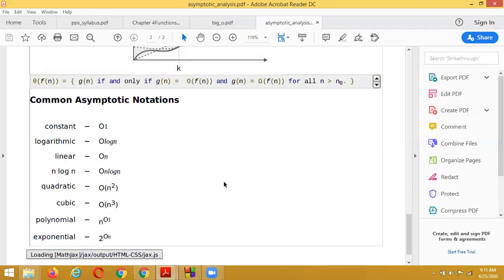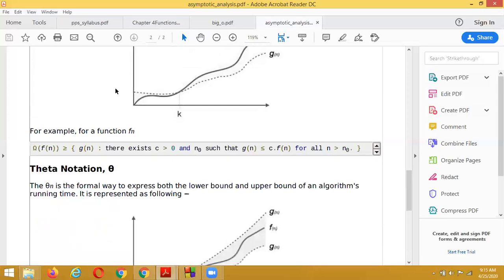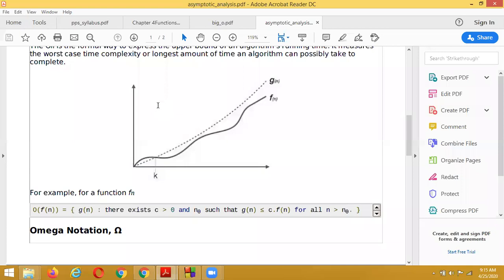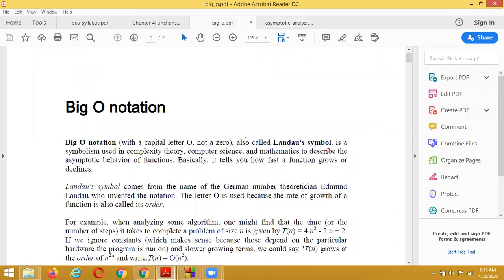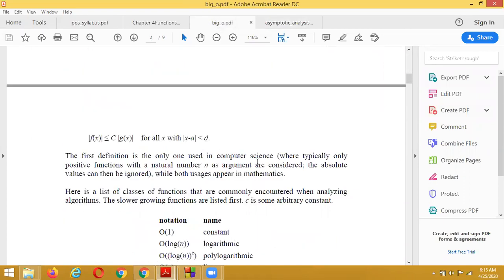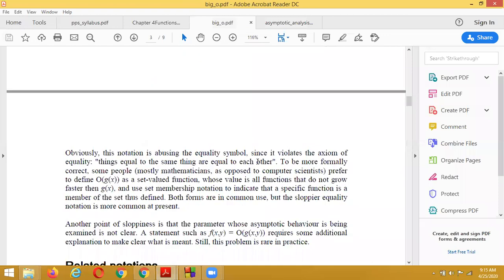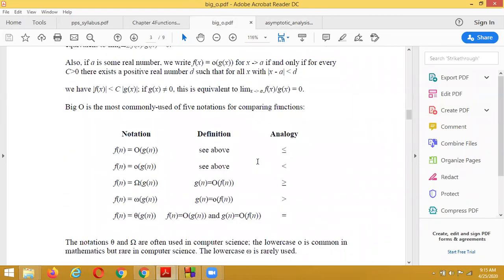And not only these three notations, we have two other notations: small o notation and small omega notation. In yesterday's class we saw when to use small o, big O, omega, and theta. Big O means the logic we need to remember is less than or equal to.